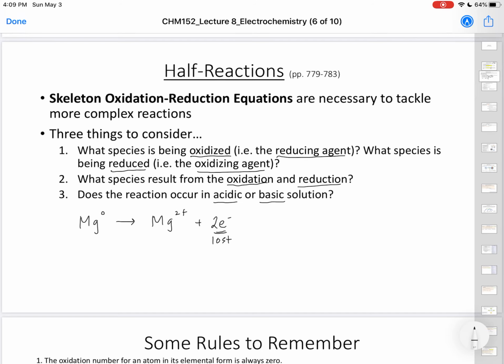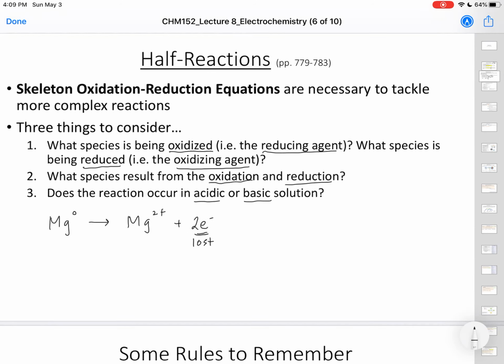Another way to look at this pictorially is to say, here's Dr. Chang. What happens after the reaction?